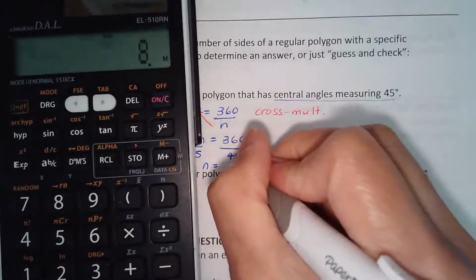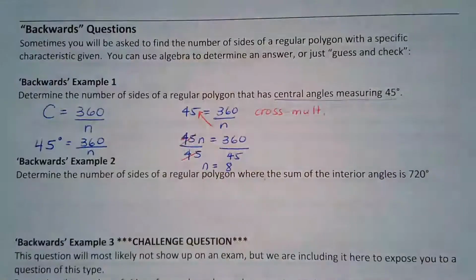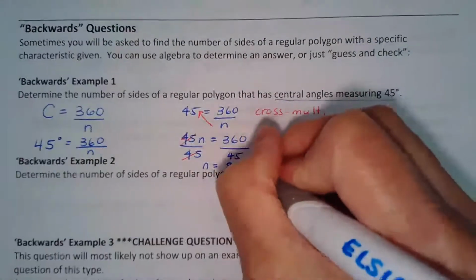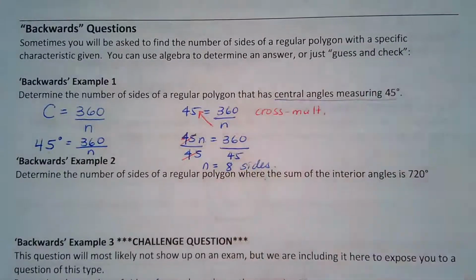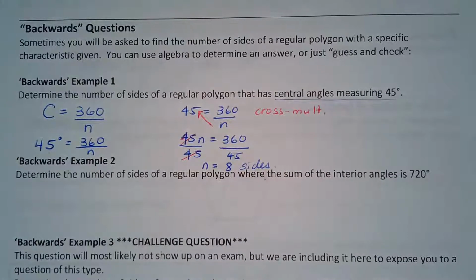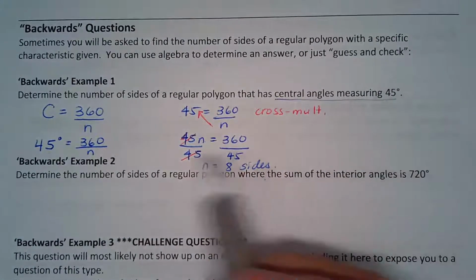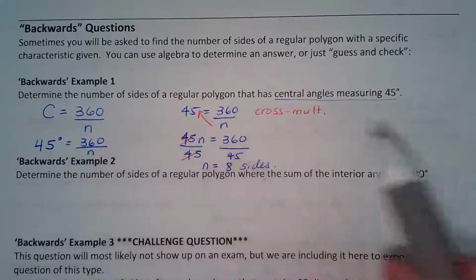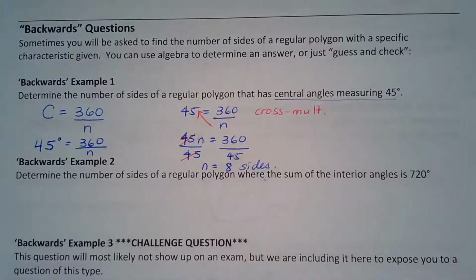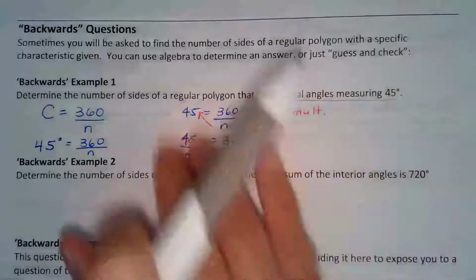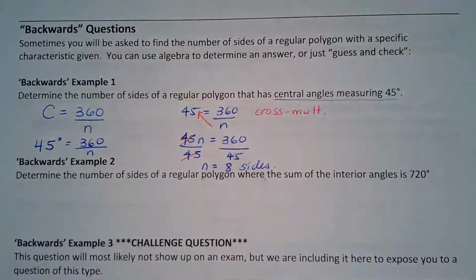It's going to be 8, so 8 sides. Like I said, we could do guess and check, or you can do the algebra method, whichever you prefer.